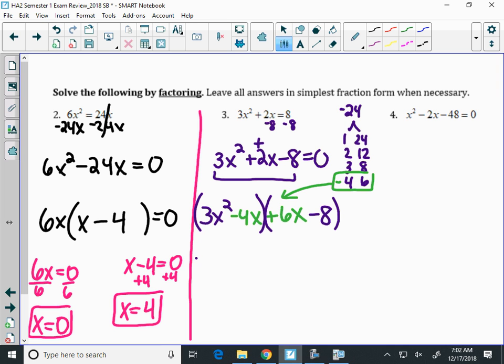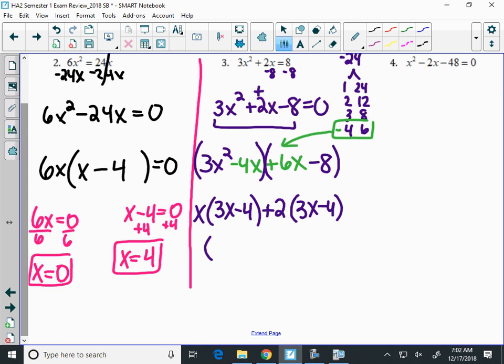The first group, you can pull out an x, so you have 3x minus 4. The second group, you can pull out a positive 2, and you're again left with 3x minus 4. That's a good thing because your factored form here, these are the same, so you have x plus 2 times 3x minus 4. And now that you're factored, you can set both of those factors equal to 0.